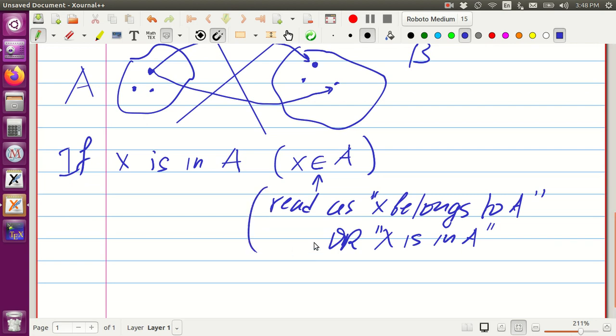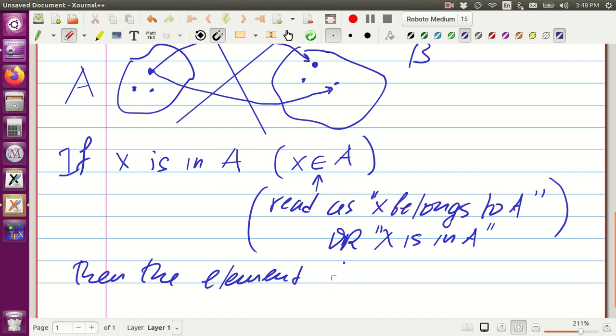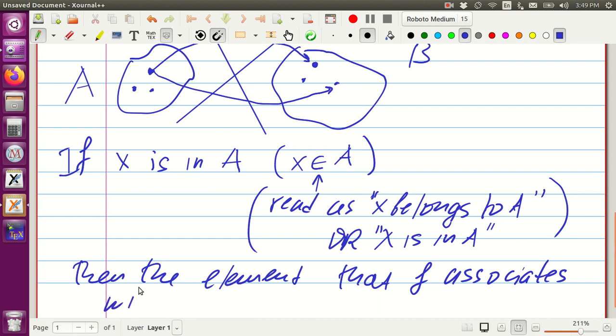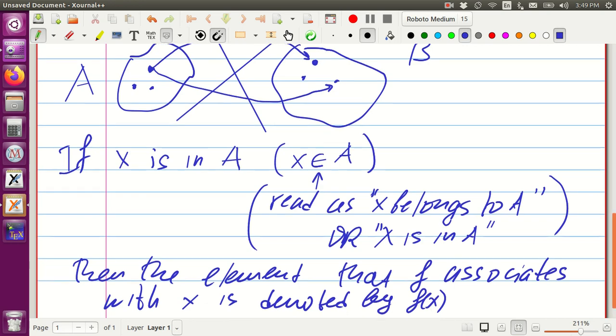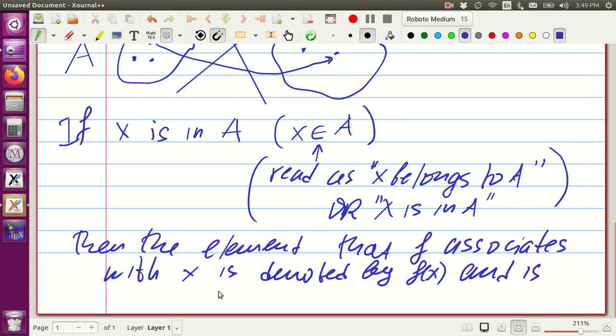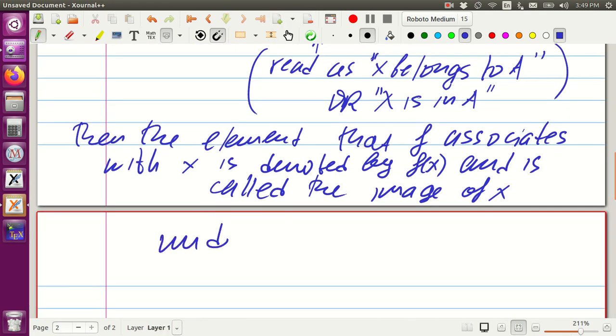So if x is in A, then the element that f associates with x is denoted by f of x, and is called the image of x under f.